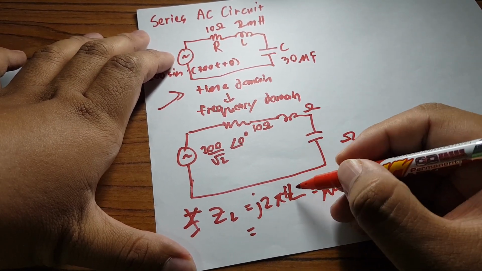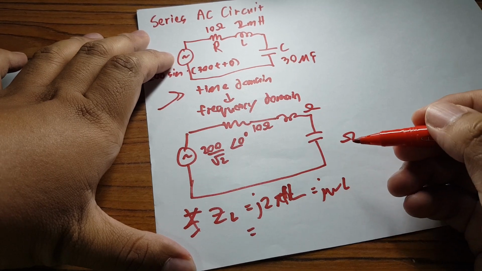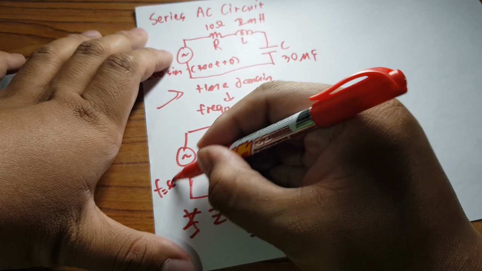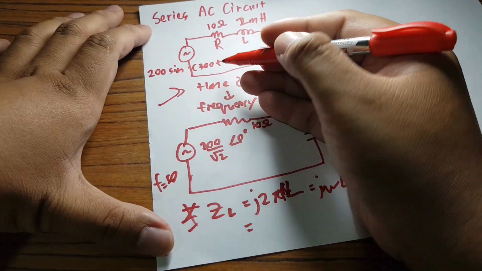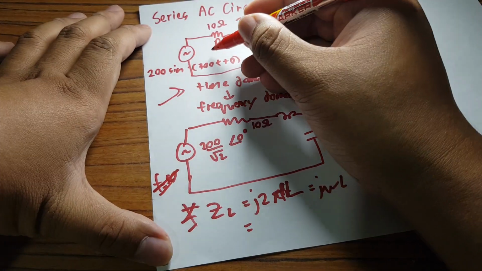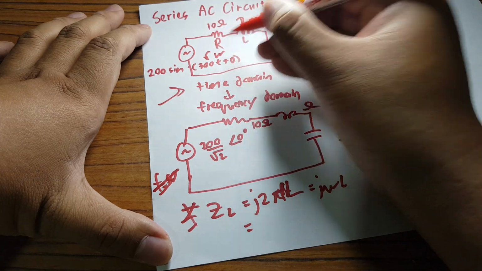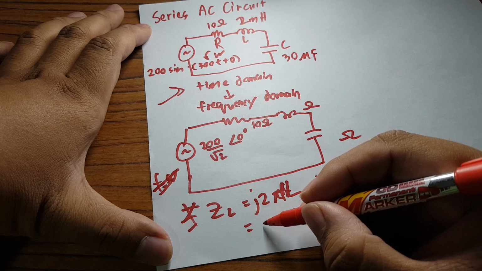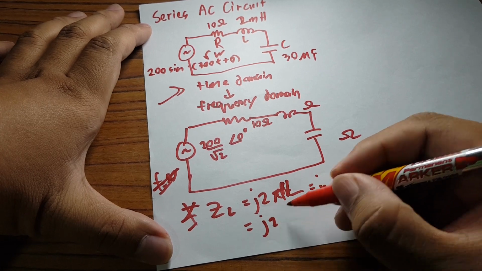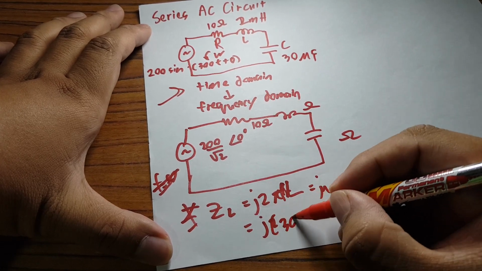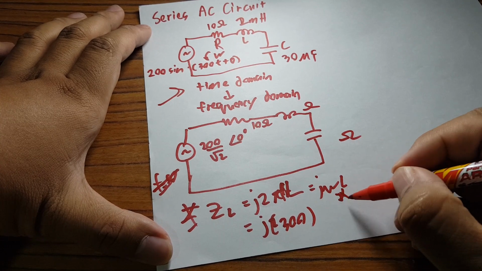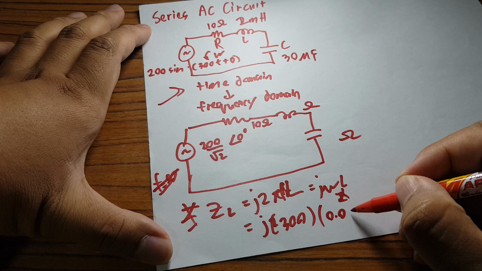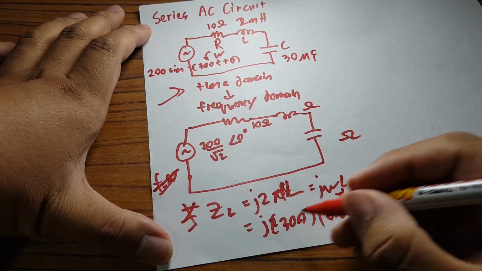If they give the frequency, you can use F, but if they give it like this, you cannot use this, you just take this. This one is omega. So j 300, use this one, 300. L is 2 milli, 0.002.